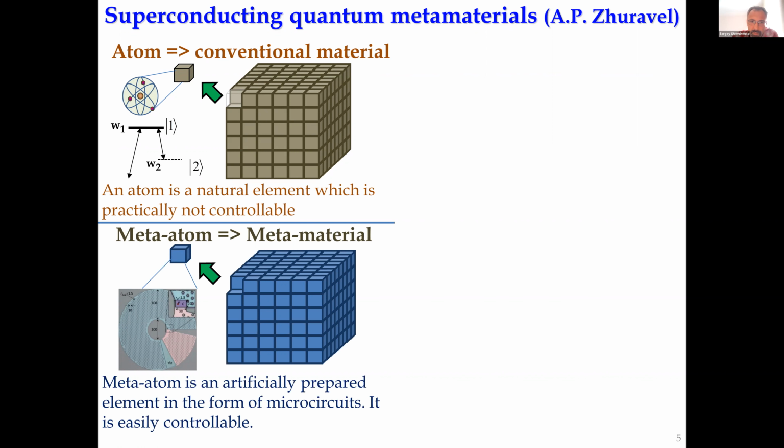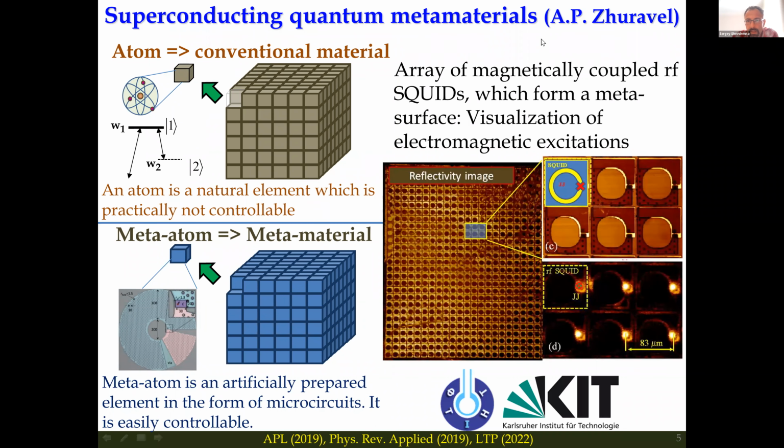These are artificially prepared elements in the form of microcircuits, and these are easily controllable. Here's the example, the array of magnetically coupled RF circuits with Josephson junctions. And this is the meta-surface formed of the SQUIDs. And this is the visualization of electromagnetic excitations.